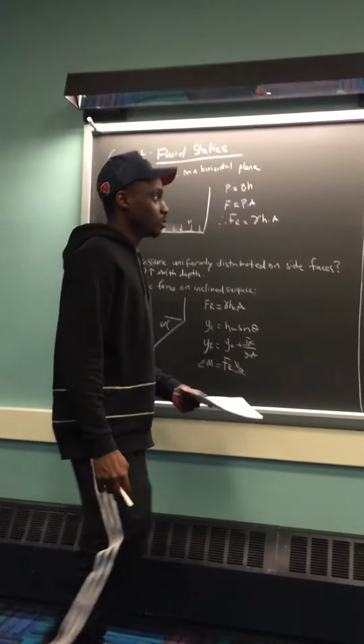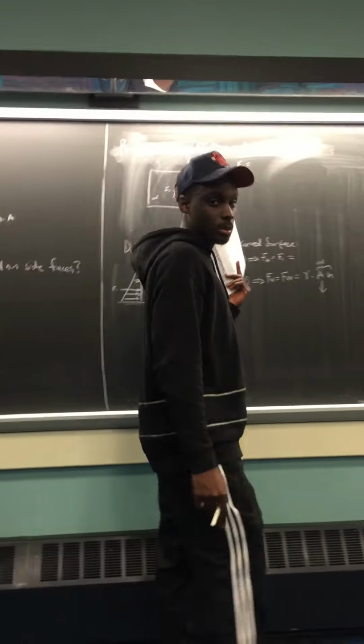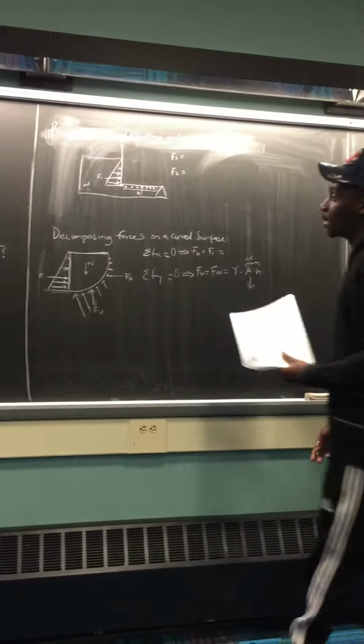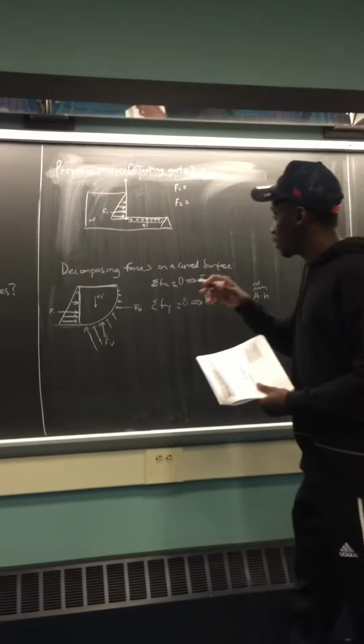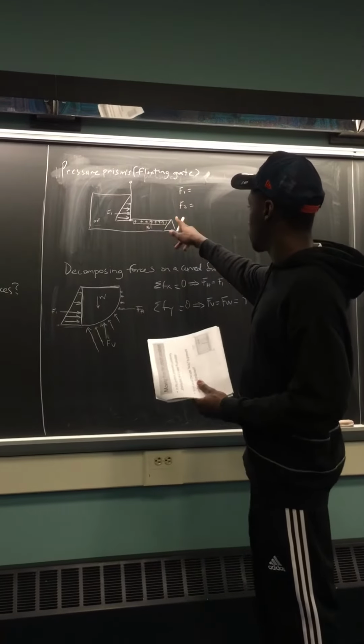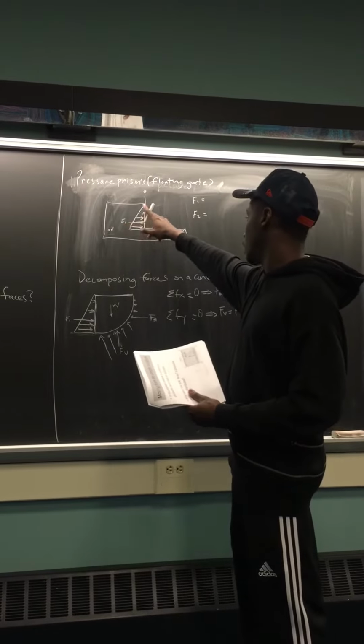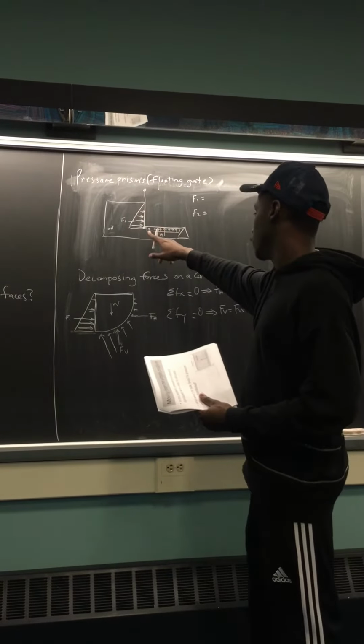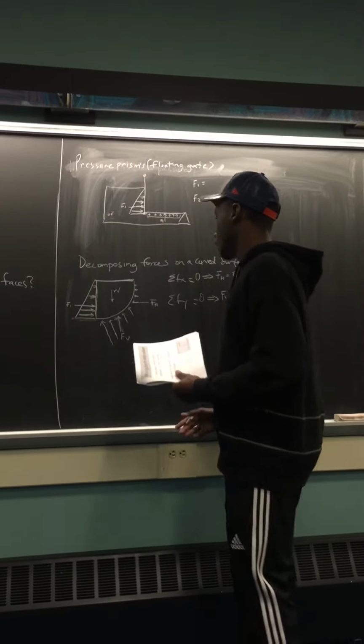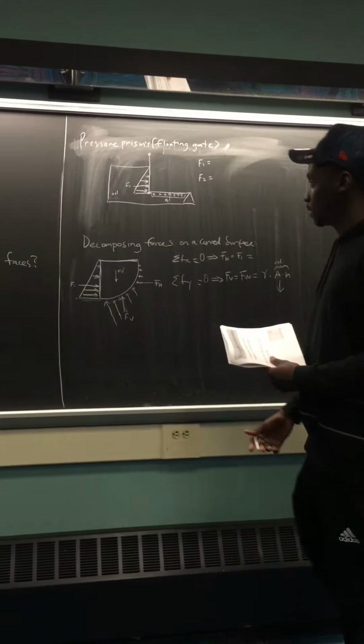So our third approach we're going to look at is the pressure prisms approach. And with this approach, we're going to have to calculate the forces, because we can see on this surface we have our force acting on the side of the wall, and we also have a force acting up upon the wall. So we're going to have 2 different approaches for this.